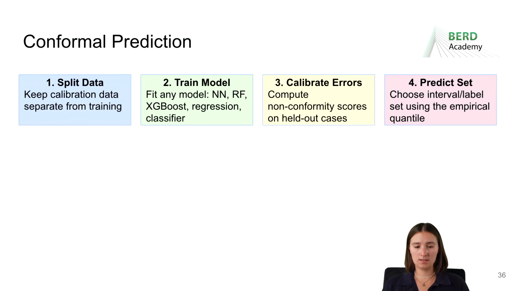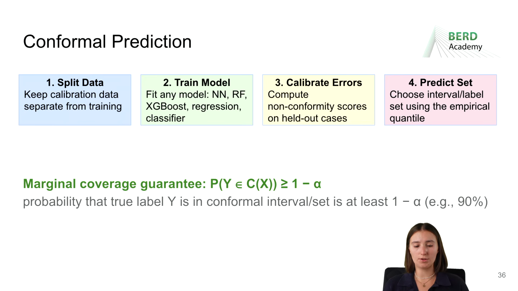And the nice thing is that this gives you a marginal coverage guarantee. So the probability that your true label Y is in the prediction set given your data is guaranteed to be larger than 1 minus alpha, where alpha is the level that you choose.